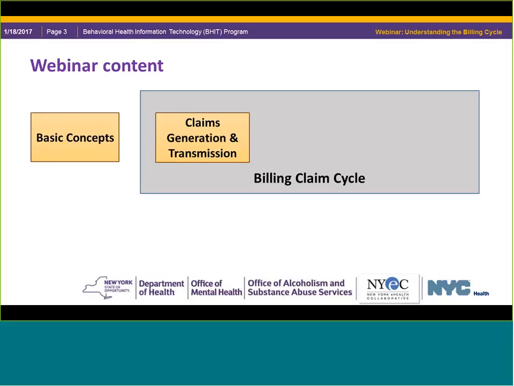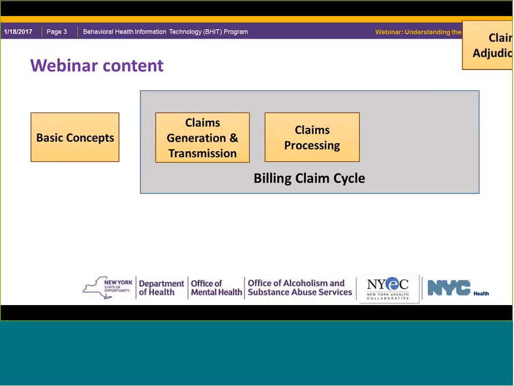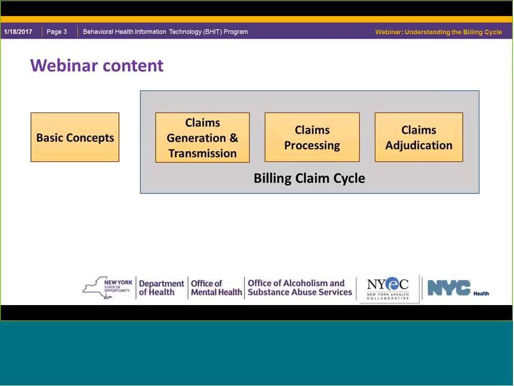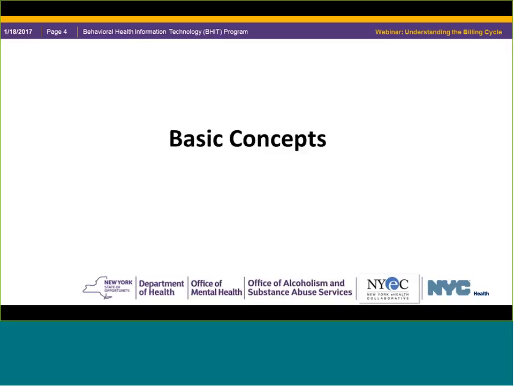Do you know what a clearinghouse is? We have to clear up what a clearinghouse is. Then we are going to review the claim processing, and finally, how to close the claim, what we call claims adjudication.